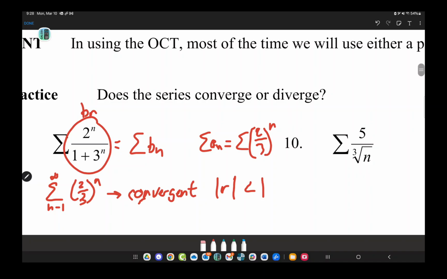Now, is an less than bn or is bn less than an?